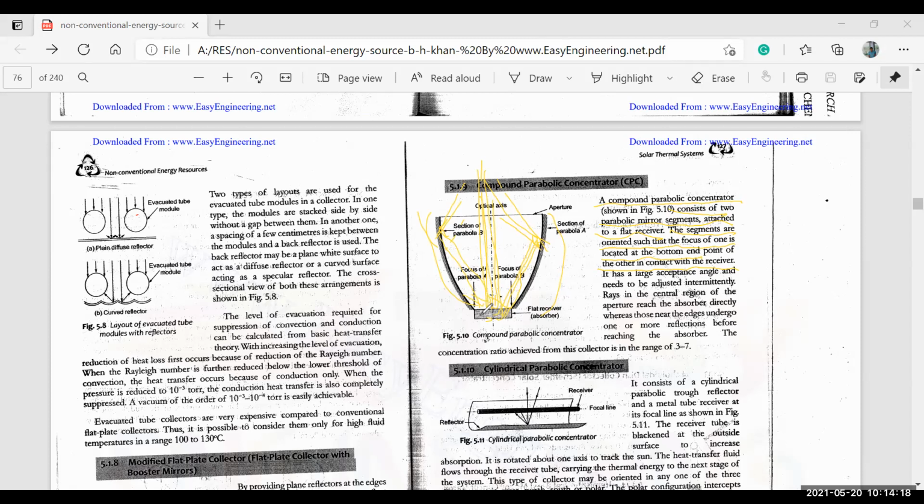So this is your flat receiver, which receives all the sun rays, light or heat, at this part. And over here the heat absorbers are connected, which absorb all the heat and transmit or exchange the heat energy. Okay, so this is one kind.